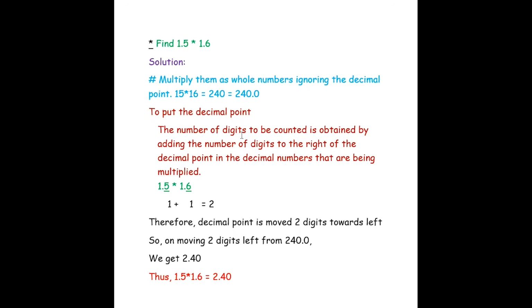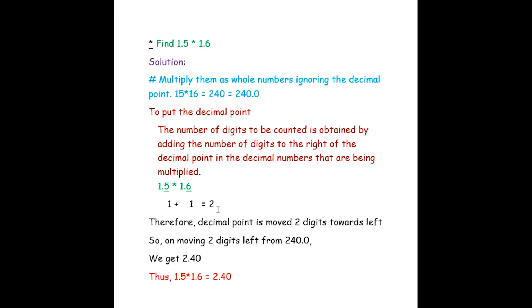Now we want to put the decimal point. How will we place it? We have to count the number of digits after the decimal point in the decimal numbers to be multiplied. In 1.5 we have 1 digit, and in 1.6 we have 1 digit. So totally 1 plus 1, 2 digits.